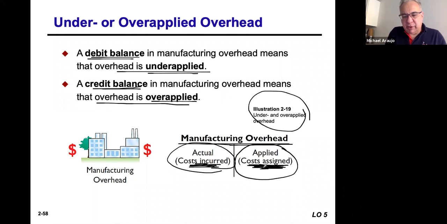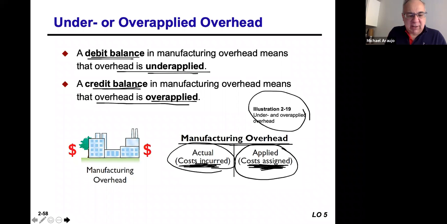Means we thought we had more overhead than we actually did. So we subtracted more out of our costs than we actually had for costs. So our cost of goods sold is higher and our gross profit is lower because that credit balance means that we made that mistake.